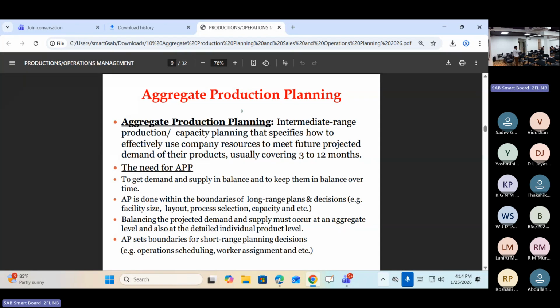At least for 1 year, they have a kind of production plan. That is how it happens. Every 6 months, they come together, finalize, and extend it for the next 6 months, so that at least for 6 months we get production plans, intermediate plans.